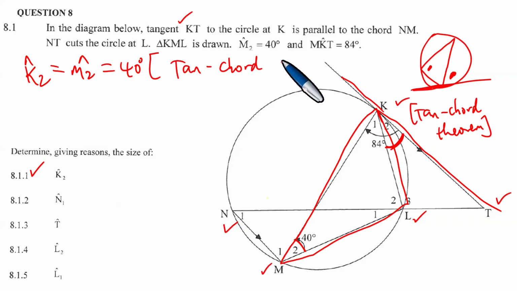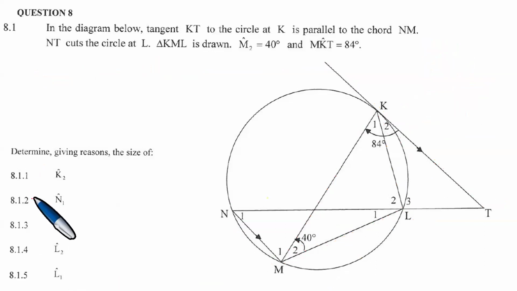So the angle K2 equals M2, which equals 40 degrees. Then the next thing we want to do is angle N1.